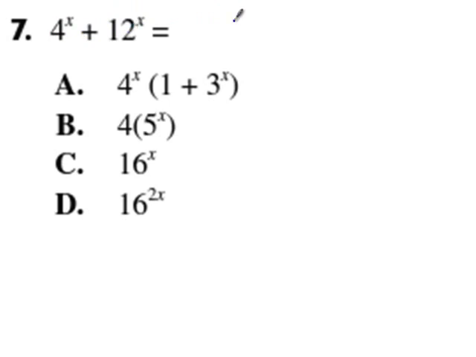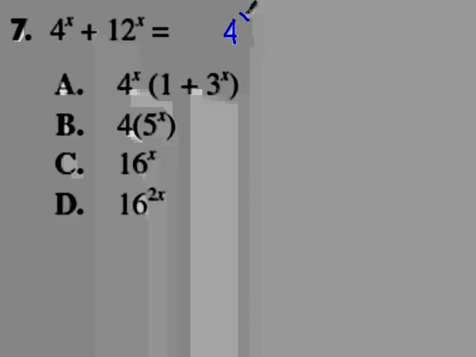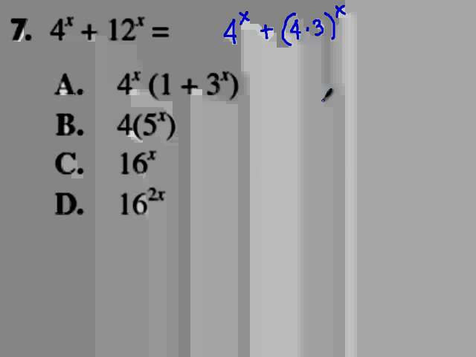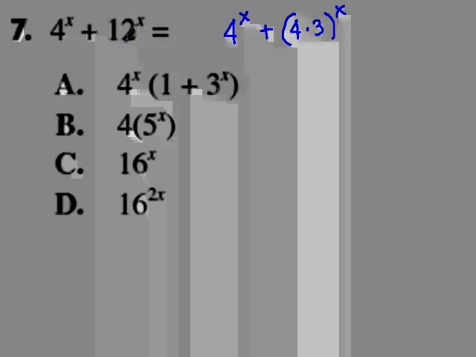We can now write this as 4 raised to x plus 4 times 3 raised to x. What I did was I just wrote 12 in factored form, 4 times 3.